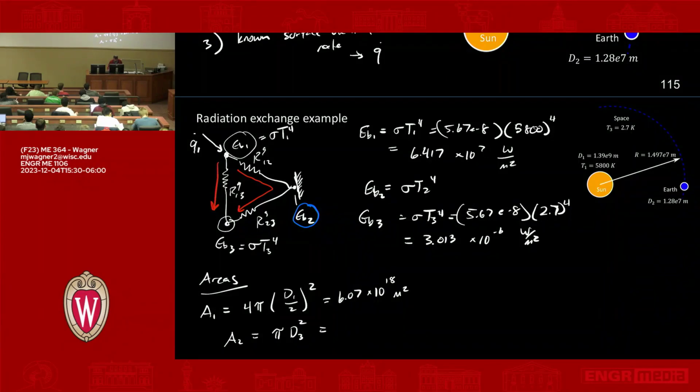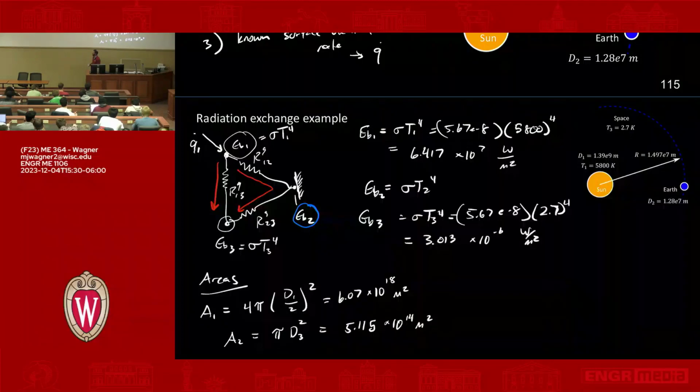Again, area of a sphere, this is 5.115 times 10 to the 14th meters squared. Yeah, that's right. So pi d squared just comes from the fact that with d over 2, the 4 cancels out. Okay, so we have our areas.